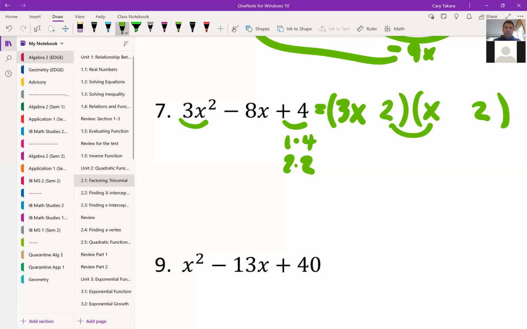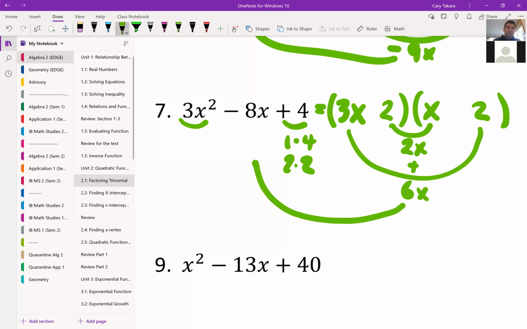Then 2x, that's a 6x. And when I add them, I want to get negative 8x. Can you get negative 8x by adding 2x and 6x? Yes, if what?